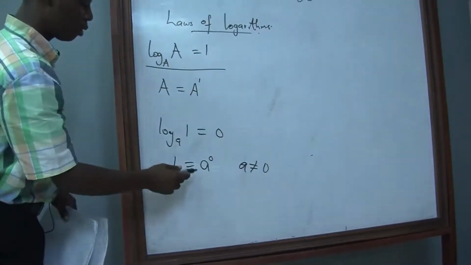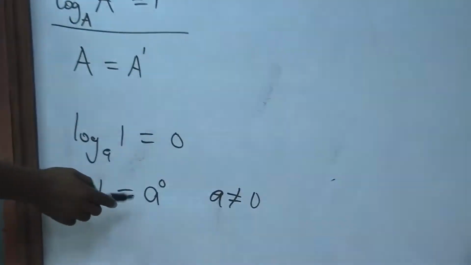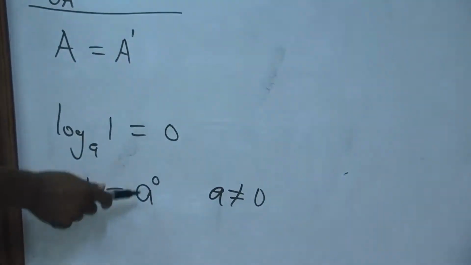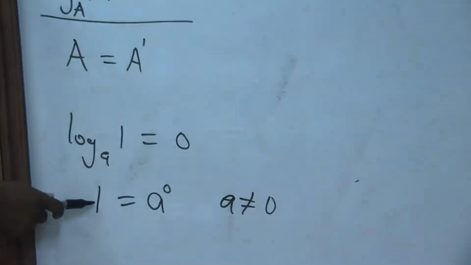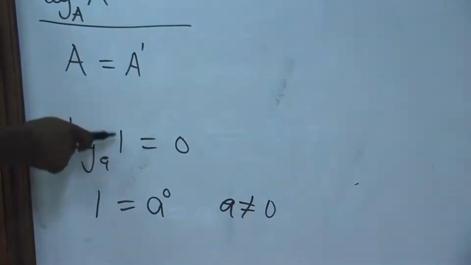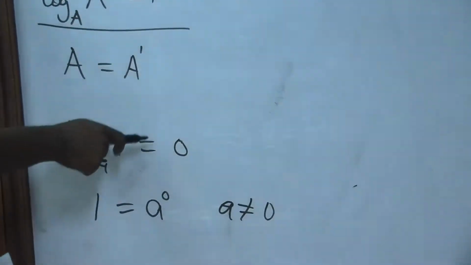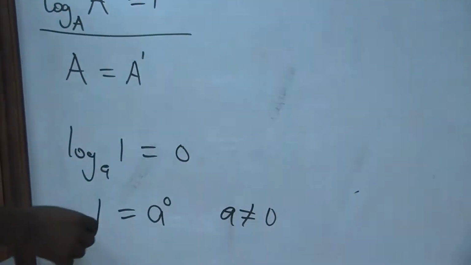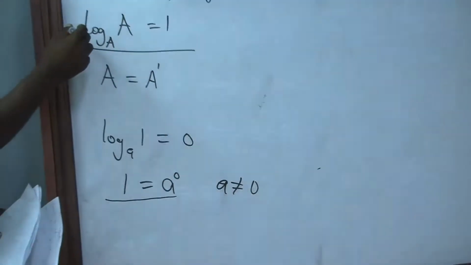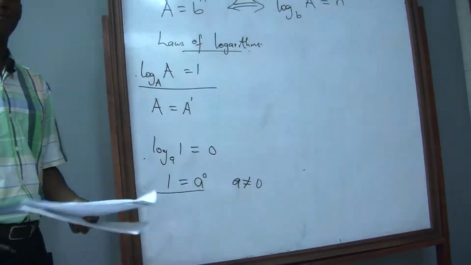You remember we established this last week also, that any number which is not equal to 0, whenever it's raised to 0, the answer equals 1. So log 1, in whichever base it might be, will always equal 0 according to this relationship. So we have been able to prove this and this.